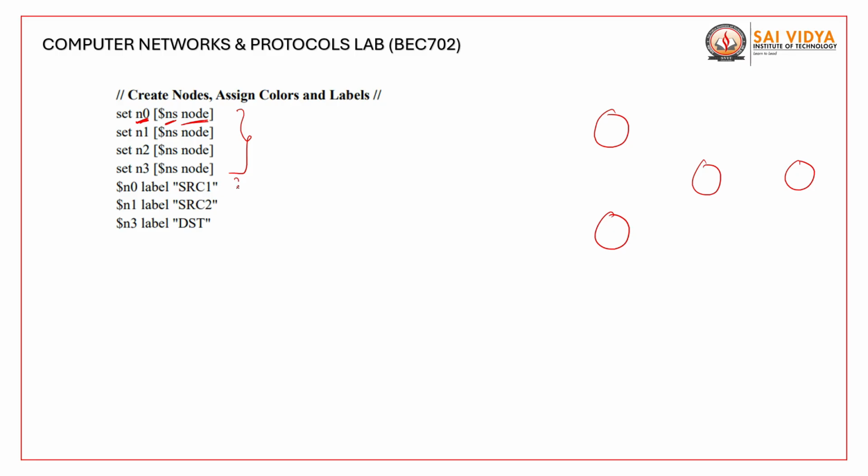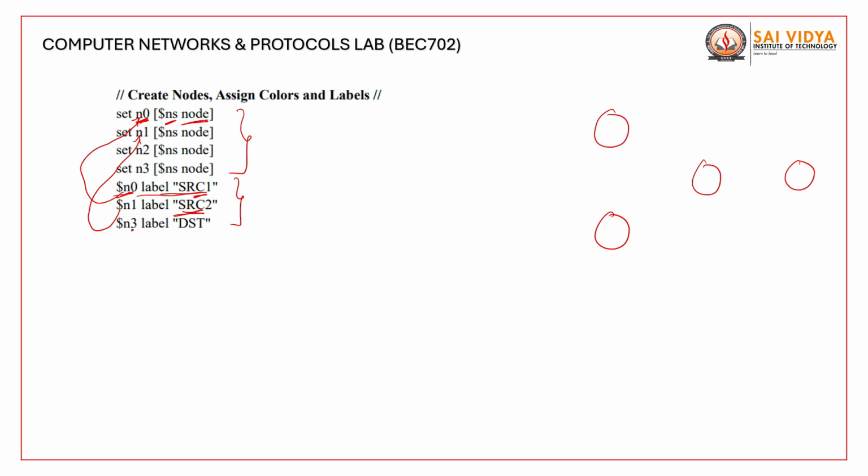The next 3 lines are nothing but you are going to name each node. $n0 is nothing but you have defined the first node, name it source 1. $n1 is nothing but the second node, you name it source 2.